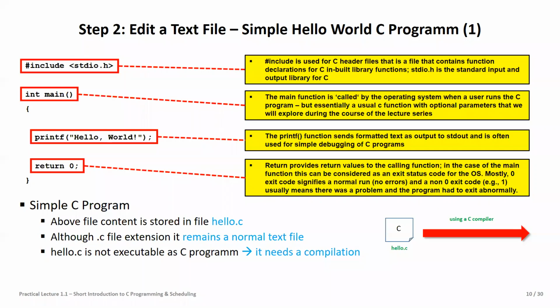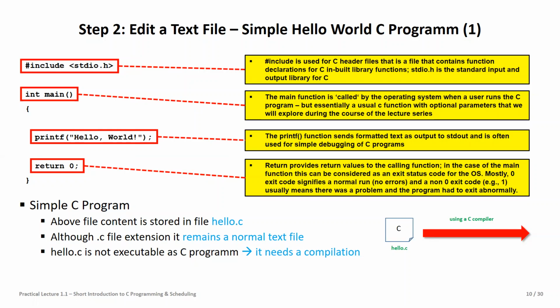And printf says that we want to output this string, Hello World, without a line break, which means just the pure text will be given out. It is also often used for debugging, so you will see it in your assignments in the future, quite an important command.